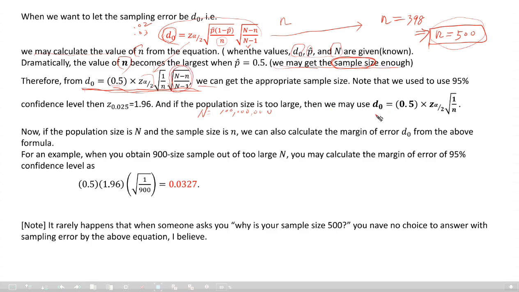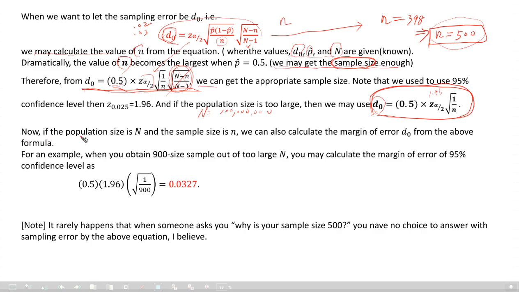So in this simple equation, if the population size capital N is too large, we ignore this part. So from this equation, we can get n, right? Because D0 is a fixed, given value. And z alpha over 2 is, say, 1.96, then we can get n.